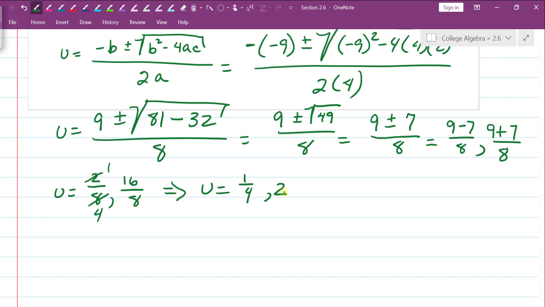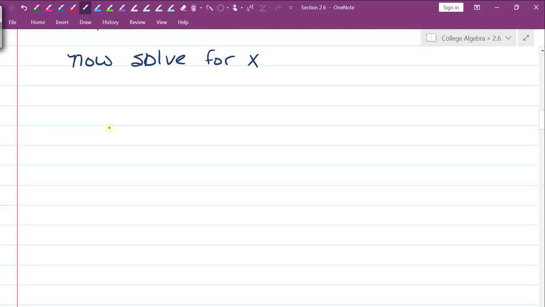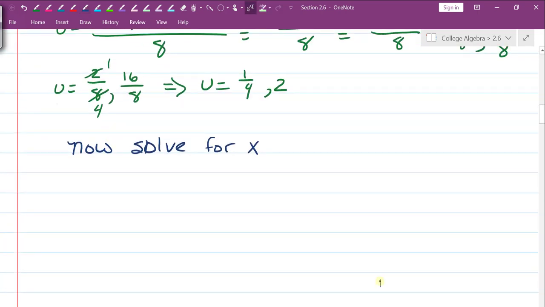Now I need to go back and solve for x. Let's go back up to our original equation, and we said that u is equal to x minus 1. So that means I have 1/4 is equal to x minus 1, and I have 2 is equal to x minus 1.